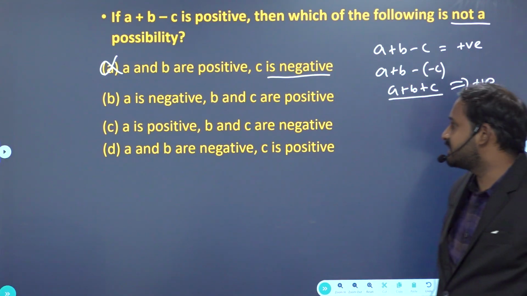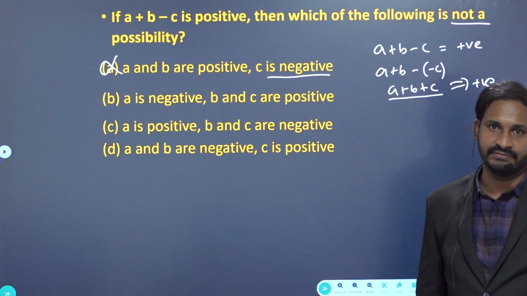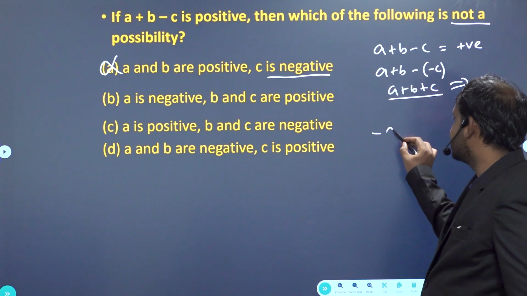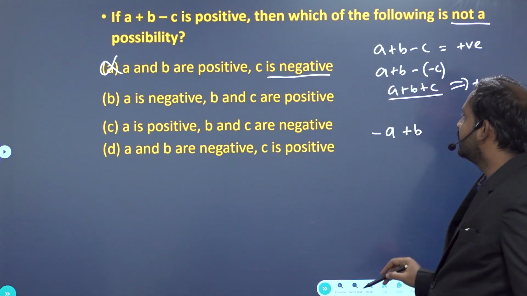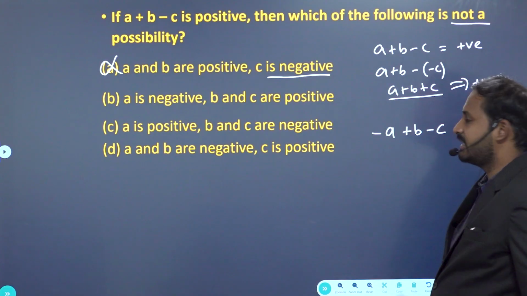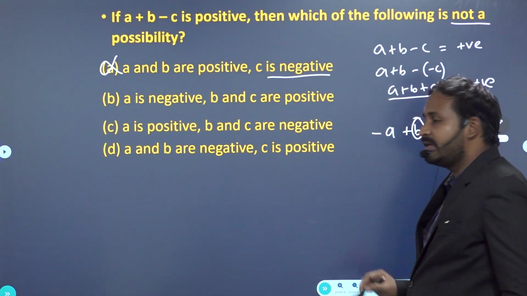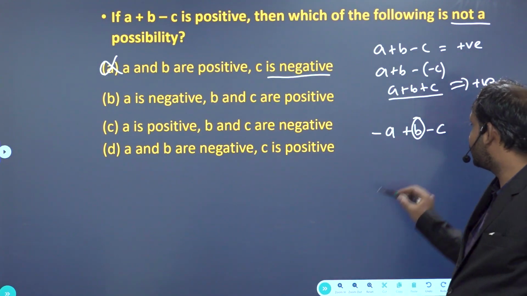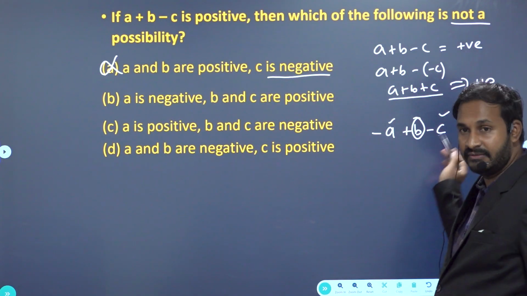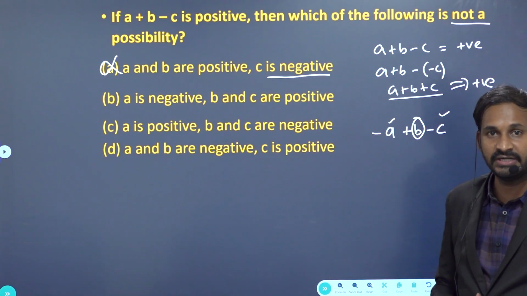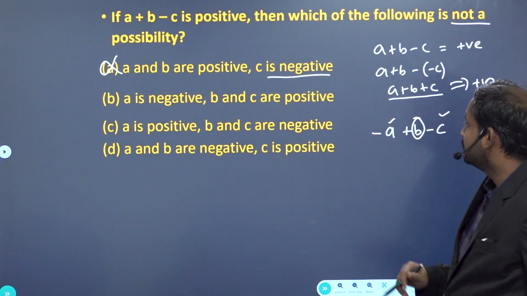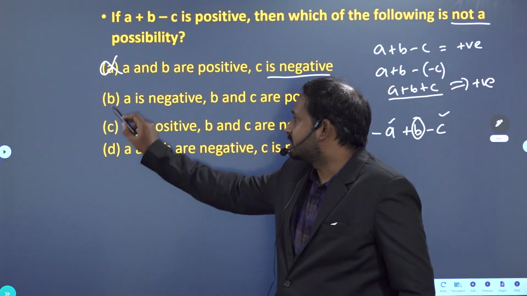Next, A is negative, B and C are positives. For example, I will take minus A plus B and minus C. For example, if B is a very big number such that it compensates A and C and it leaves some number, is there a possibility? Yes. So this is also not our answer. Next one.